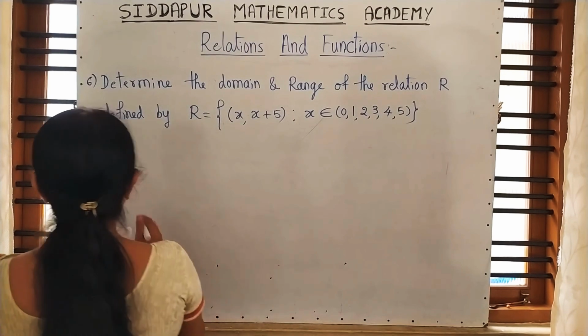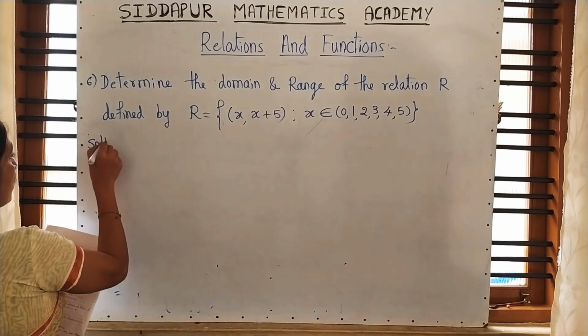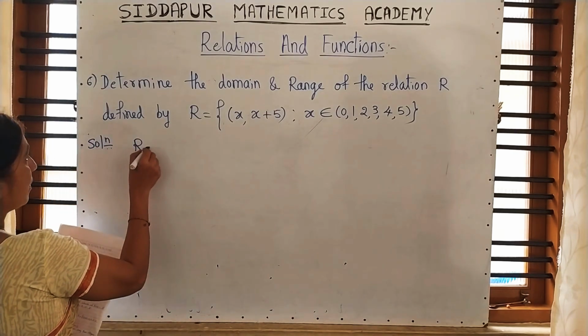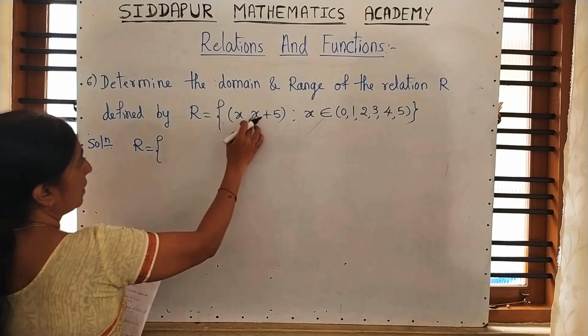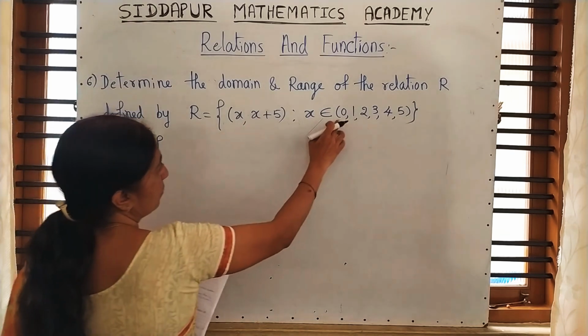Understood? So write down the relation R first. First number is x, second number is x plus 5, and x should be from this set.